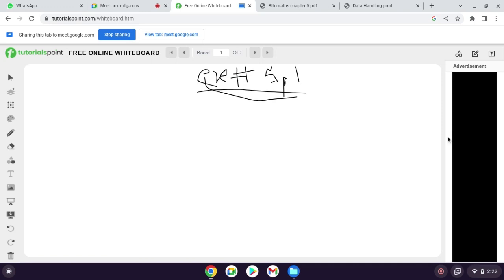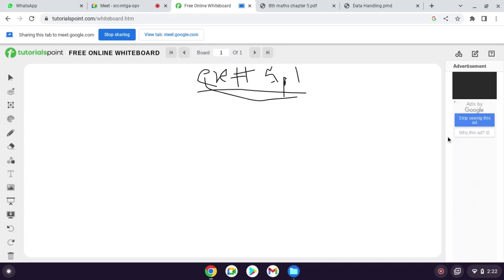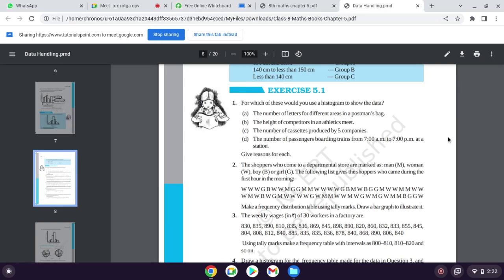And in the case of alternatives A and C, we do not know the number of letters of different areas and the number of cassettes produced by the given companies, because a company can make a huge amount of cassettes, and we don't have a specific amount.